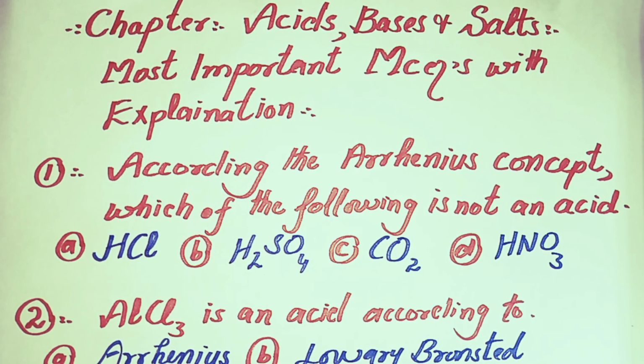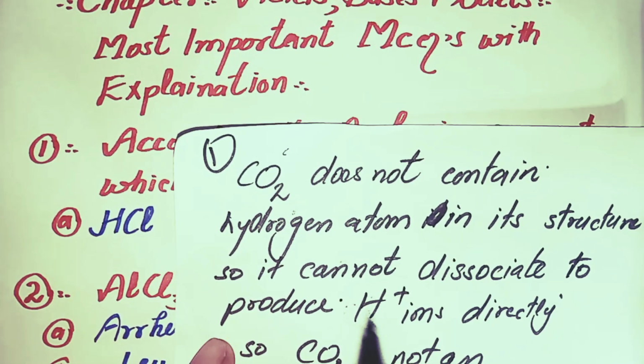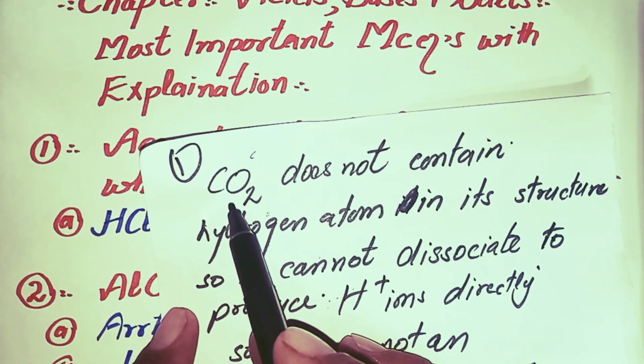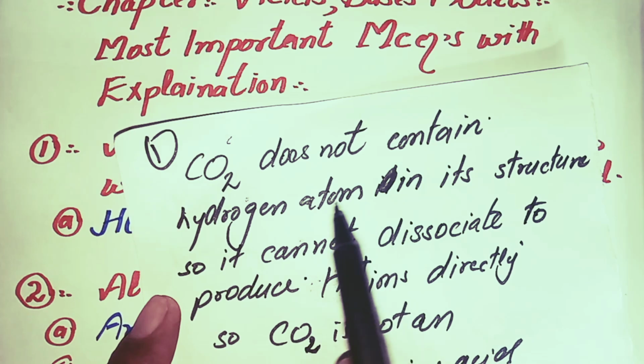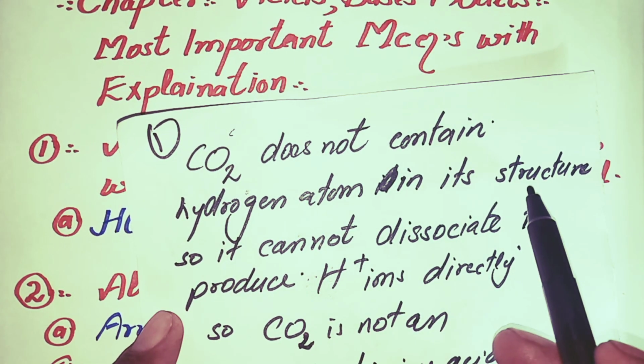As we know, according to the Arrhenius concept, an acid is a substance which can ionize into hydrogen ion. So we can see that out of 4, carbon dioxide is a molecule which does not contain any hydrogen atom in its structure.